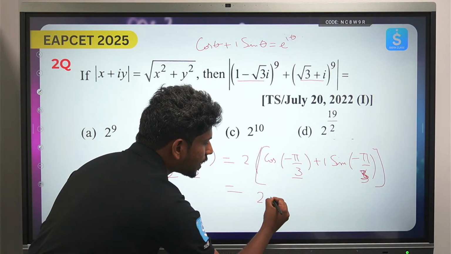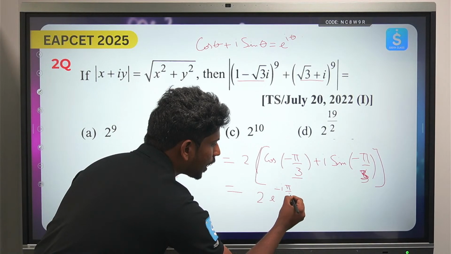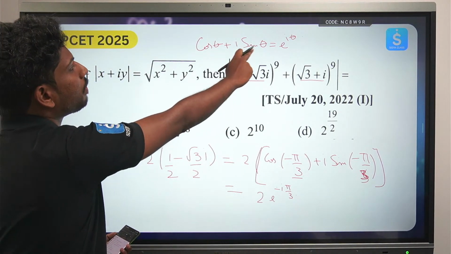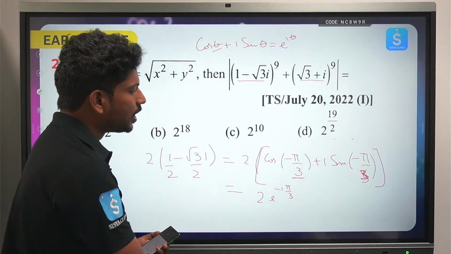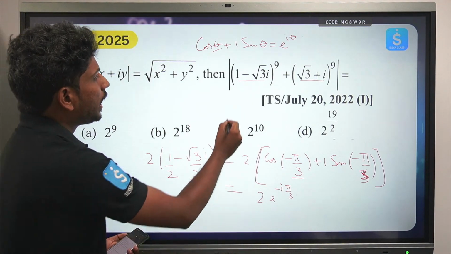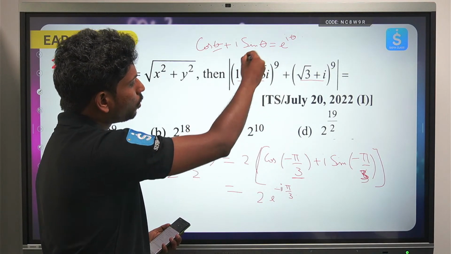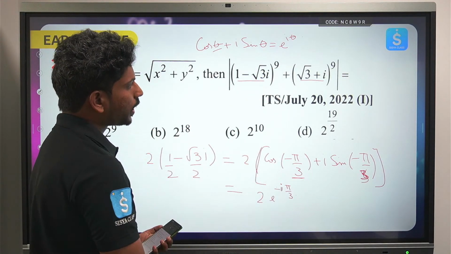So can I write it as 2 e power minus i pi by 3? Because cos theta plus i sin theta is nothing but e power i theta, and in place of theta here we have minus pi by 3. So in place of 1 minus root 3 i, I can write 2 e power minus i pi by 3. Okay, this is the first one.